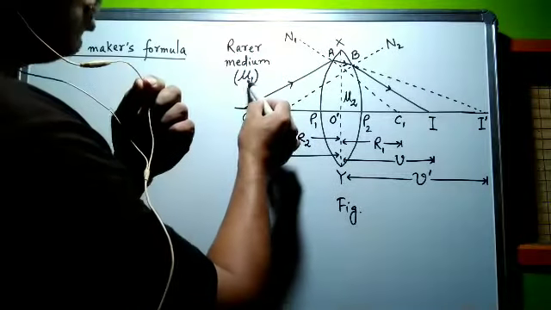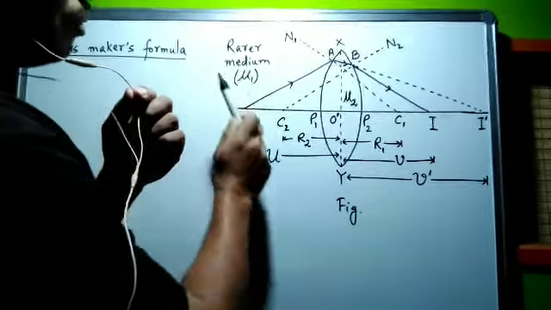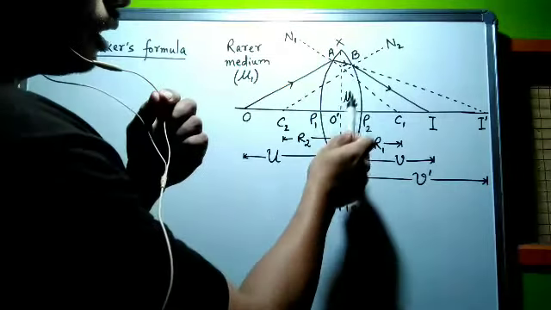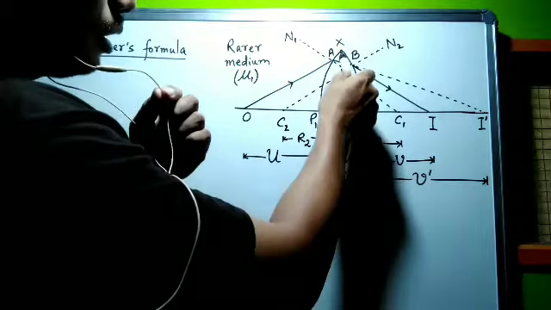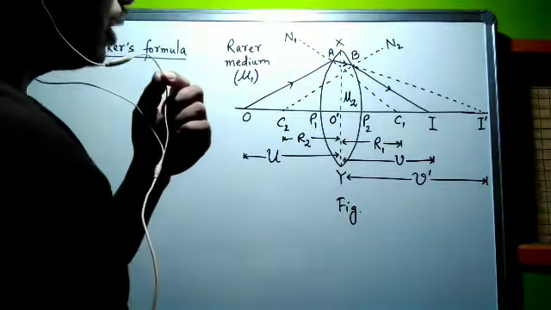Here mu1 represents the absolute refractive index of the rarer medium, and mu2 represents the absolute refractive index of the lens, that is the convex lens, which is the denser medium.